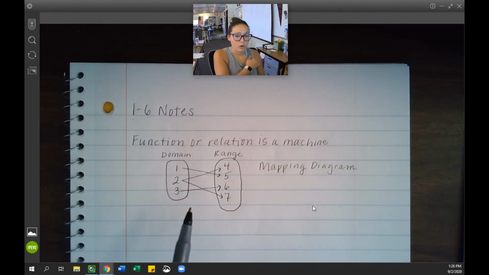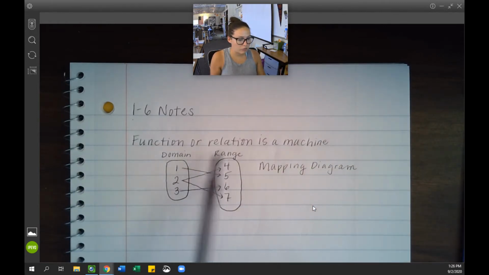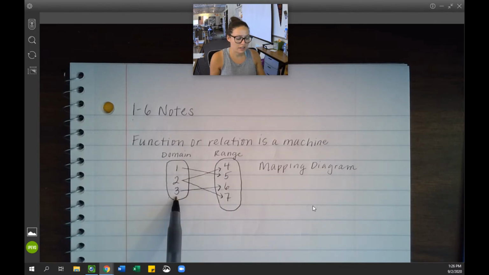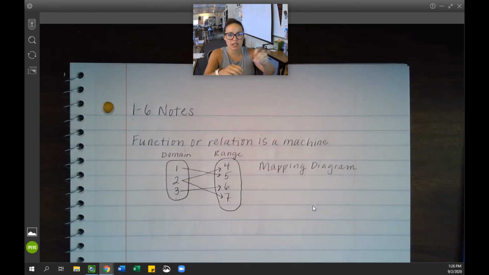Okay, and what we are doing is we are relating two sets of numbers. This is a relation. The domain are the numbers that we put into the machine, and the range are the numbers that come out of the machine. Another way to write it would be as ordered pairs, like points on a graph.